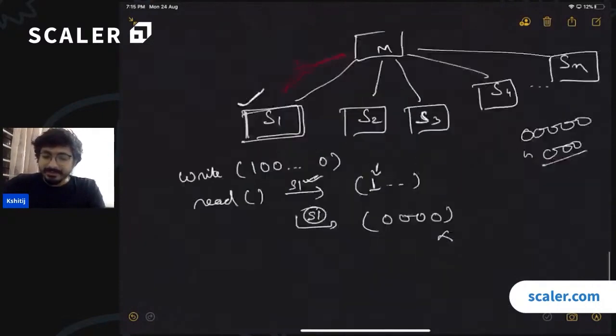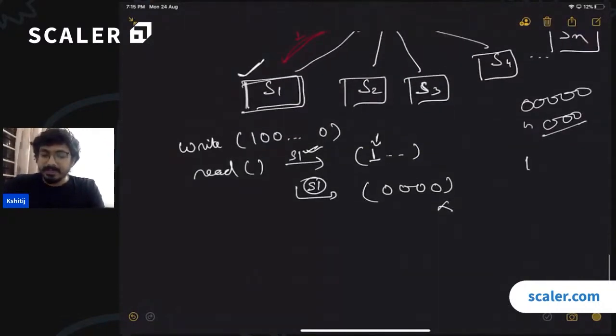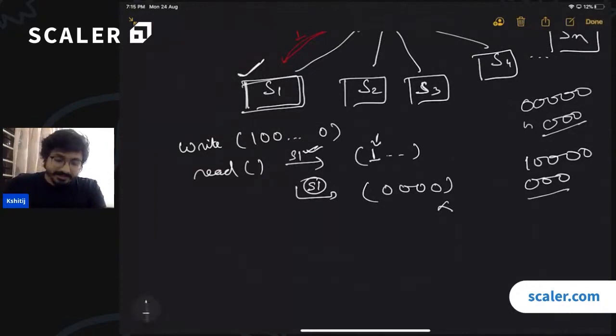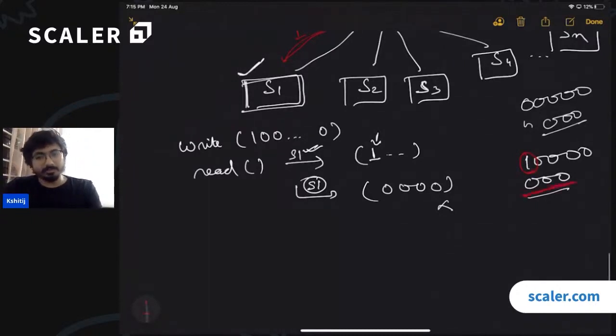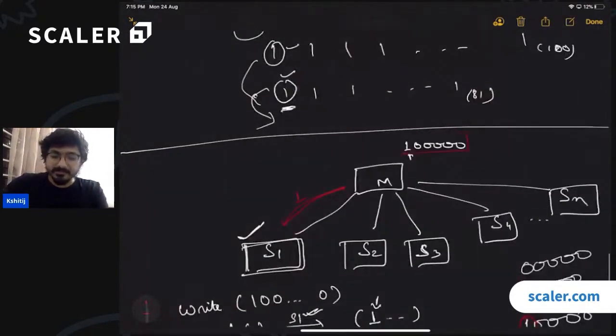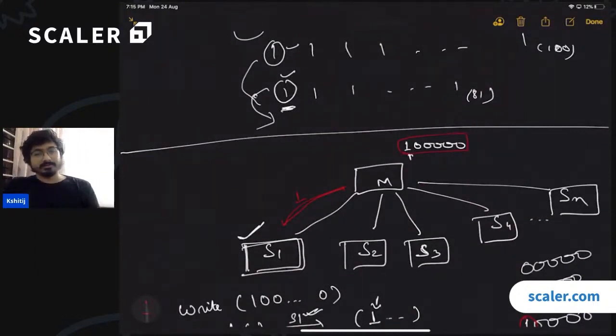But if you are sending this string, and in return, let's say you are getting three unset bits, one thing you know for sure is that S1 definitely is faulty because there has to be at least one set bit in the output if S1 is not faulty. So if you send this string, you can make a decision whether S1 is faulty or not.